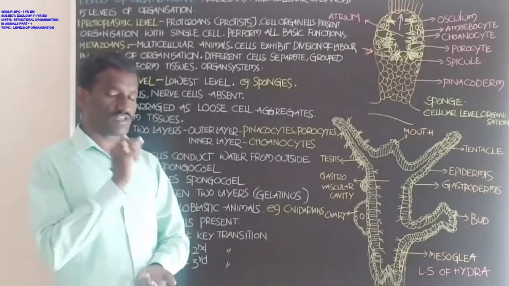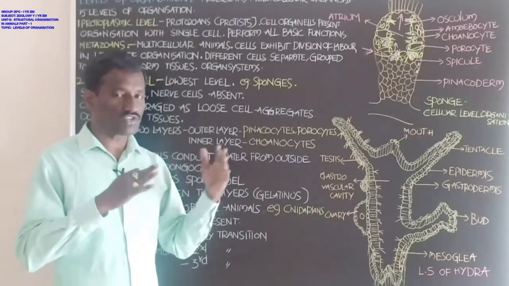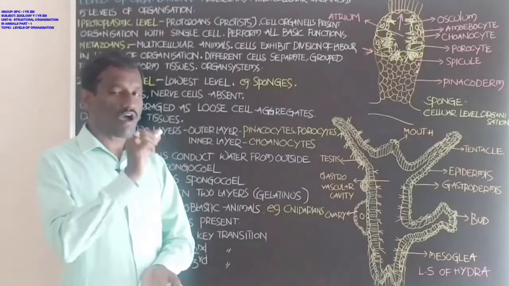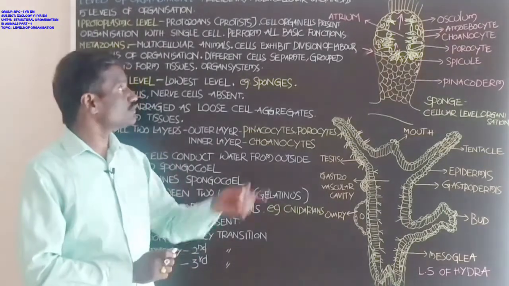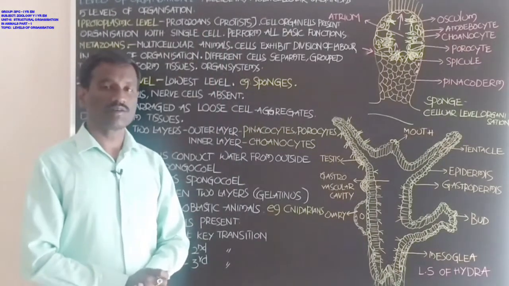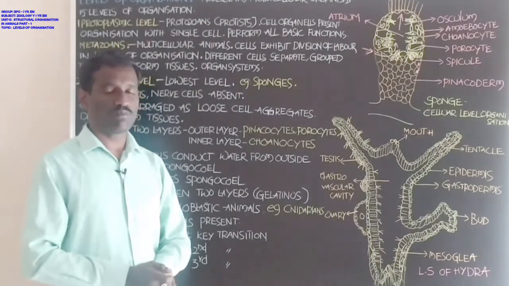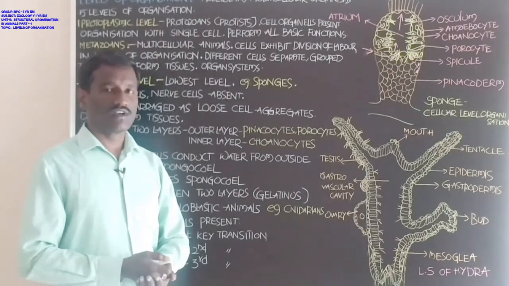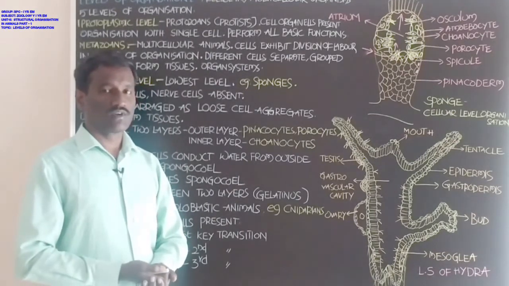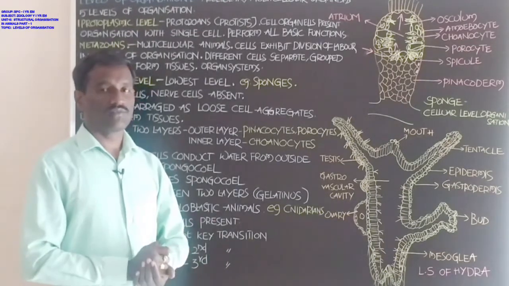All the basic functions which occur in multicellular, developed animals are also shown by protozoans or protists, like digestion, ingestion of food particles, respiration, excretion, circulation, reproduction, and movement of the body.